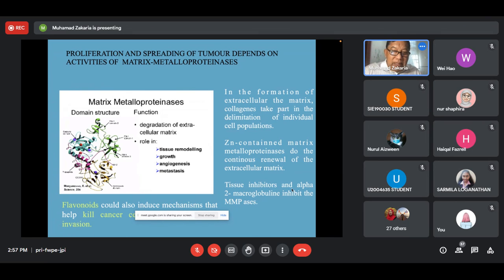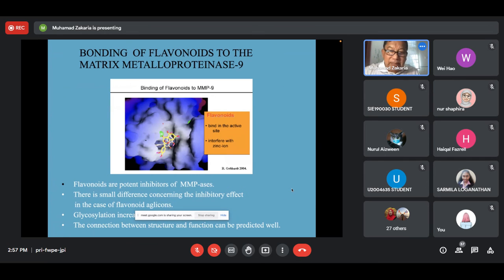So the function of the matrix metalloproteinases is degradation of extracellular matrix, tissue remodeling, growth, angiogenesis, and metastasis. So flavonoid play a vital role to hold the structure of the protein in the body.